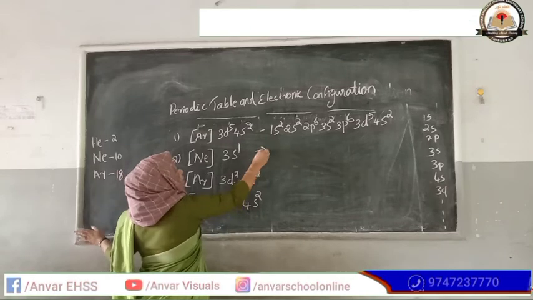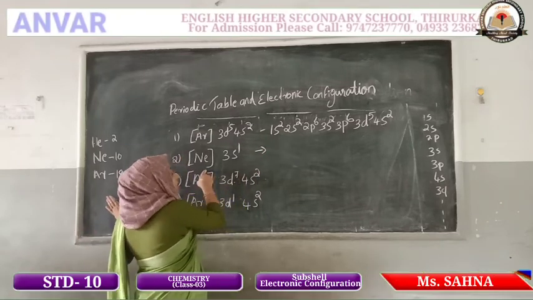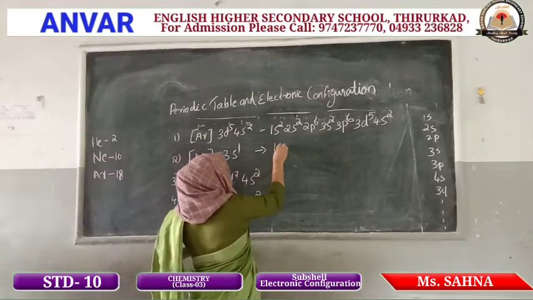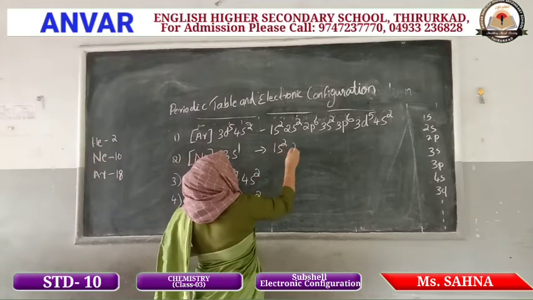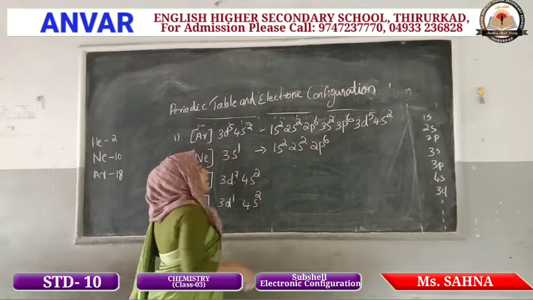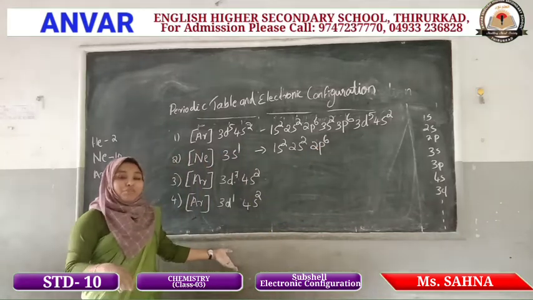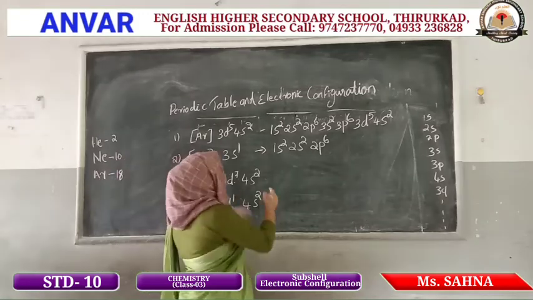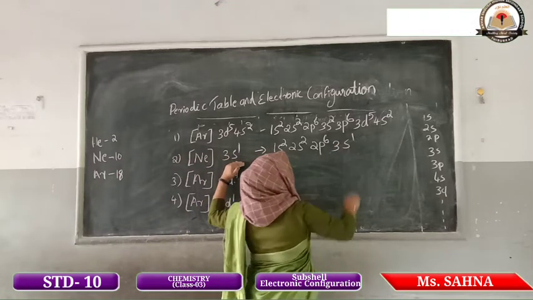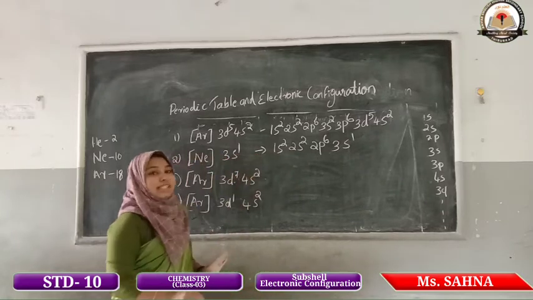In the case of neon, first we write the subshell electronic configuration of neon: 1s2, that is 10 electrons, 2s2, 2p6. This is the electronic configuration of neon. Next we write the remaining part, 3s1. So this is the complete one.